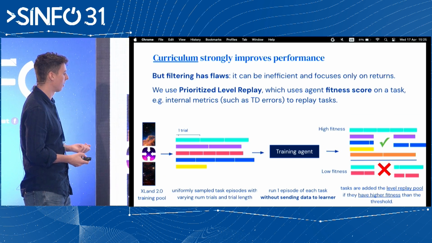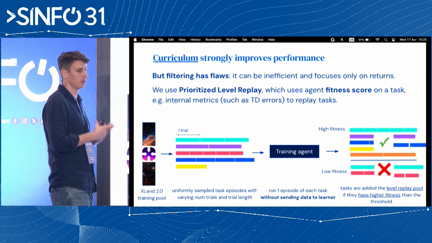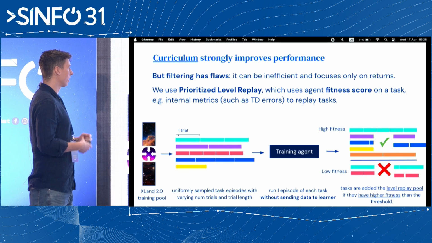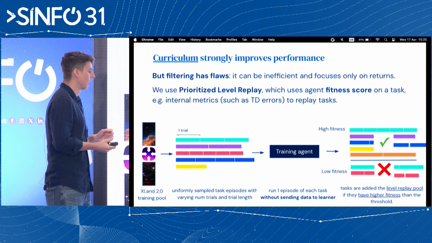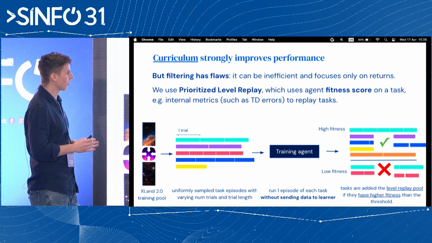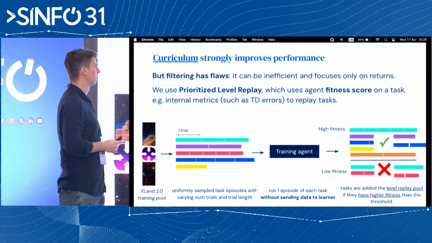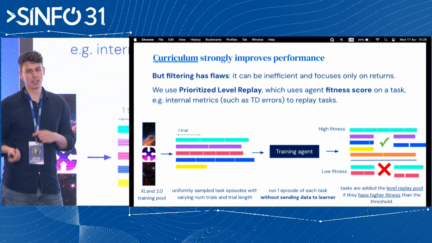That's pretty cool, but it still has some limitations because it's a bit inefficient, as it uses only the returns. So you have to wait until the end of the episode. So one other thing we implemented is prioritized level replay. That's taking inspiration from the evolutionary literature, as it uses the fitness score that the agent gets on the task.